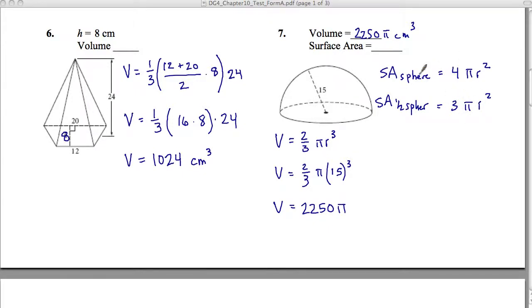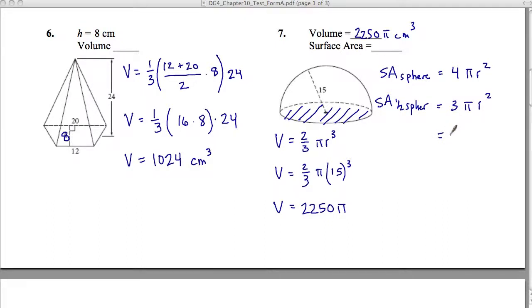Well, if you cut a sphere in half, you have 2 pi r squared. But we have this base section. And when we're dealing with surface area, we do need to calculate that in. The area of that base is a circle, so we add in 1 more pi r squared. So the surface area of a hemisphere that we're going to deal with is 3 pi r squared.